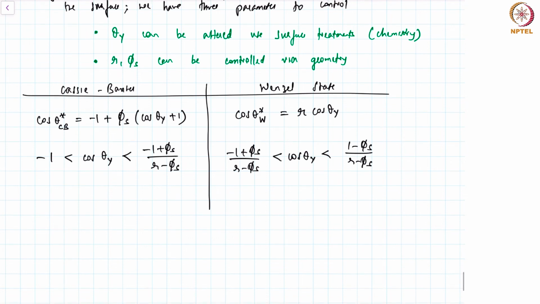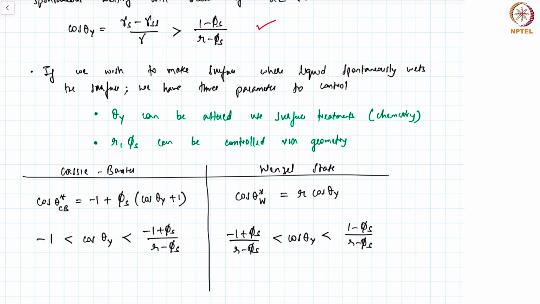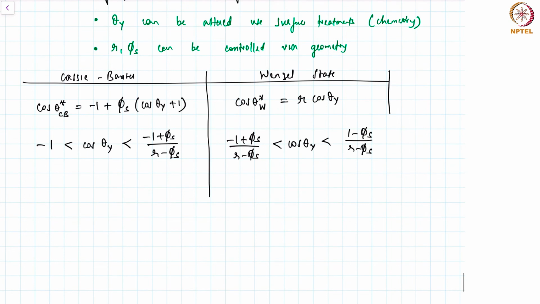And if cosine of theta y exceeds 1 minus phi s by r minus phi s, then spontaneous wetting occurs. So we basically looked at some rough transition between these various kinds of wetting regimes that are possible.